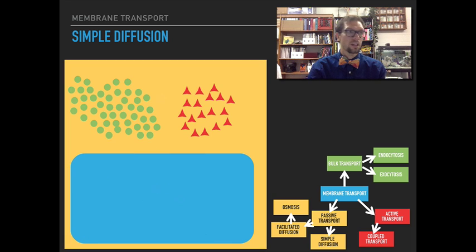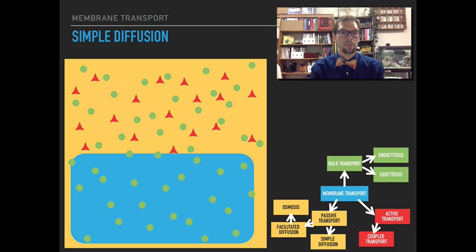Now, simple diffusion only works when the membranes are permeable to it. Cell membranes are semi-permeable. What does that mean? That means some things are going to be able to move across the membrane. The things that can move across the cell membrane are the small non-polar molecules.